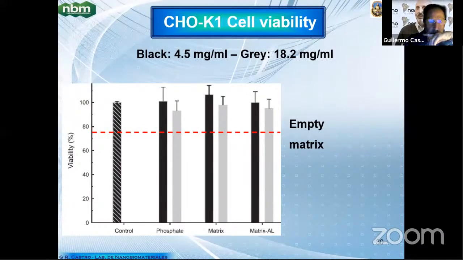So we need to also test what happened with the toxicity to the cells. So with different concentrations of antibiotic, we tested the viability of 3T3 NIH cells, and we can see that there is no toxicity effect of the empty matrix, just with alginate or in the presence of phosphate or control.